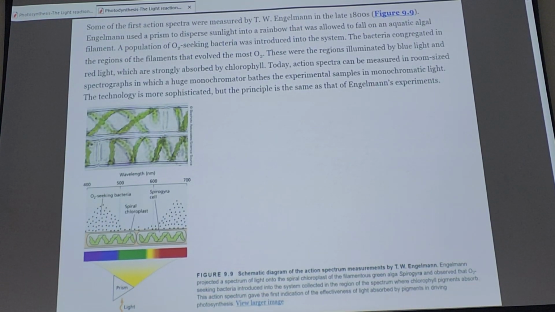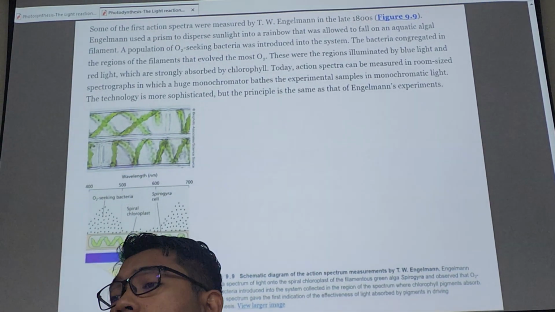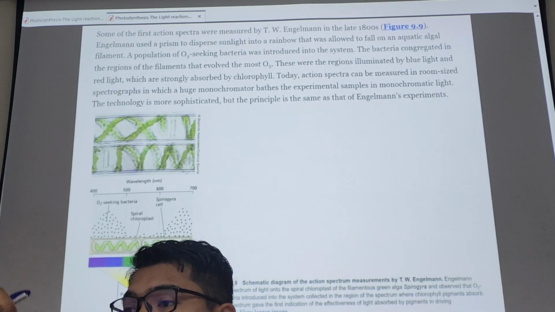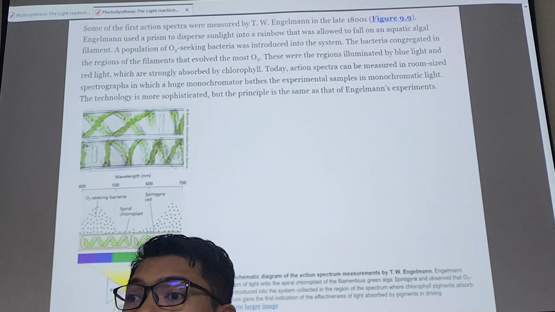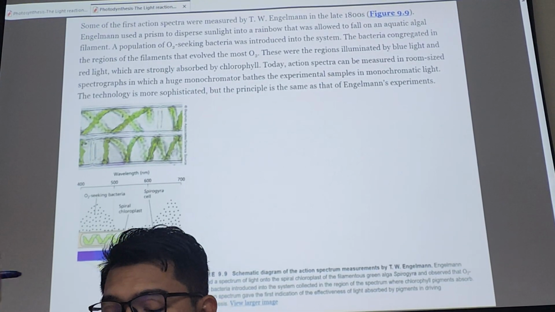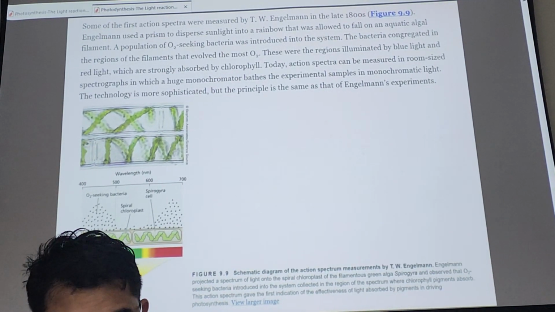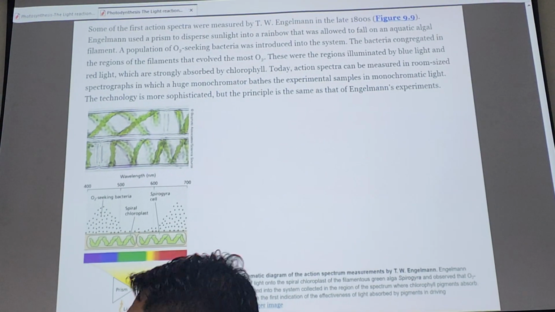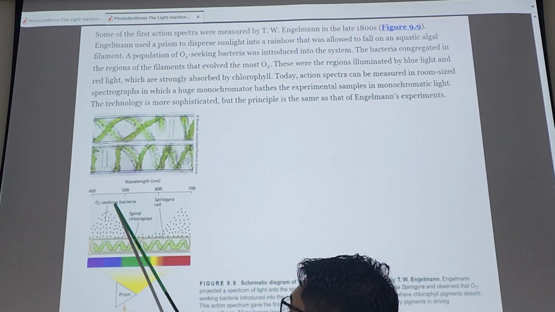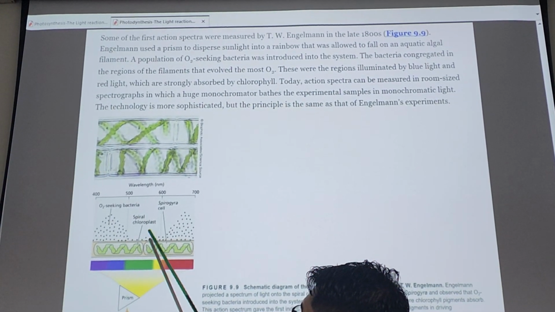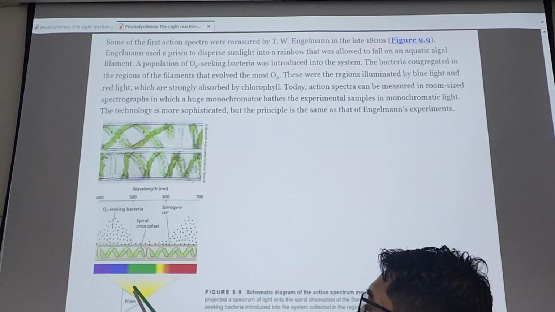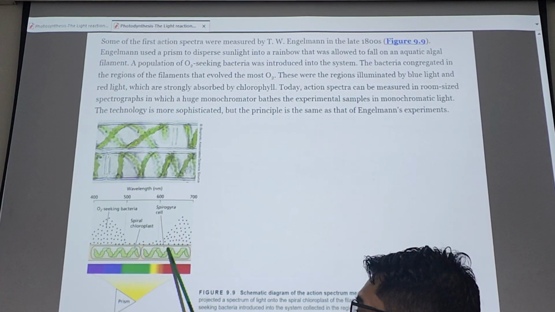It's an aquatic alga, filamentous, meaning that they can appear like strands of something. So that is Spirogyra. So he had this Spirogyra floating about in a pond, and then in the pond he has a light coming towards it.